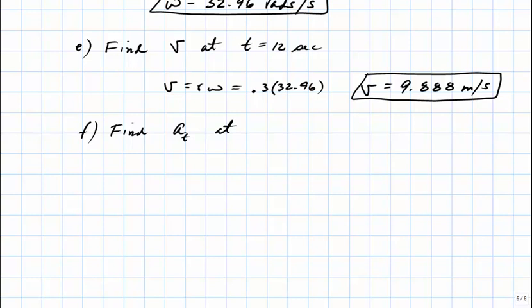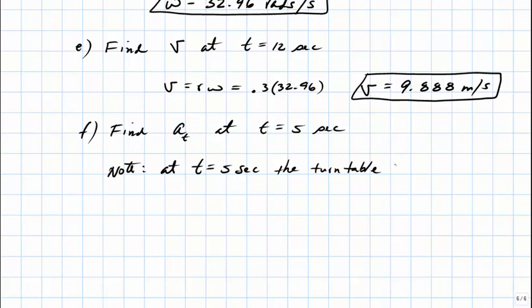And we want to find this acceleration at a time of 5 seconds. As we noted, at t equals 5 seconds, the turntable is in phase A.